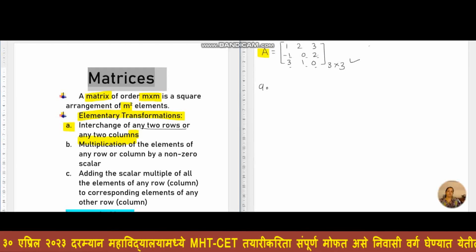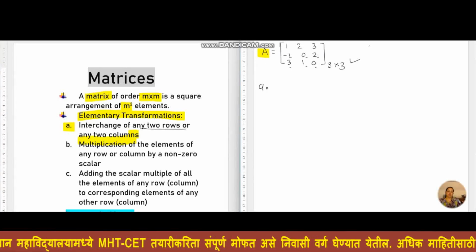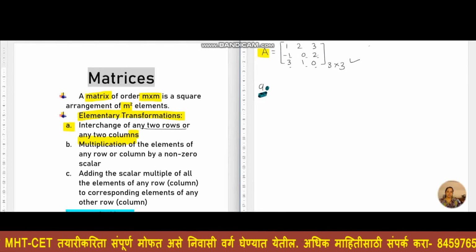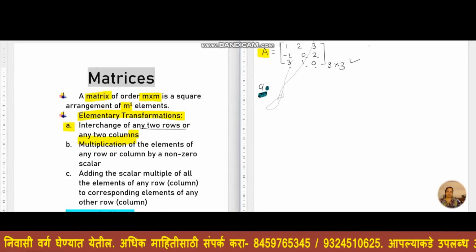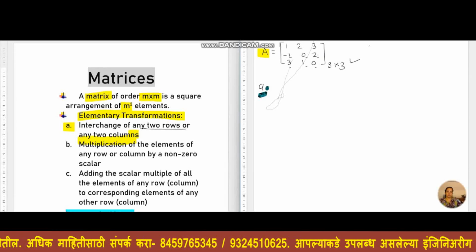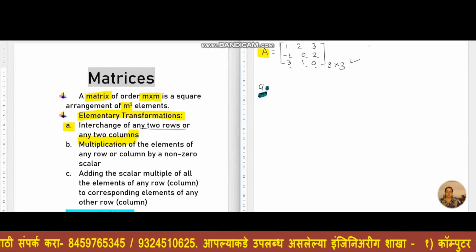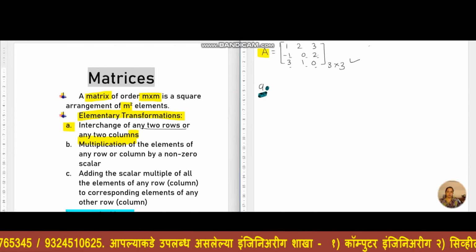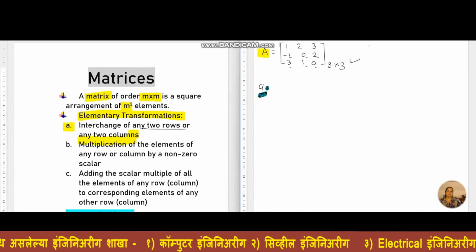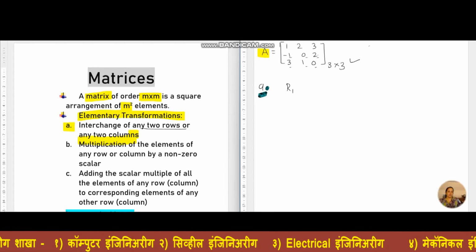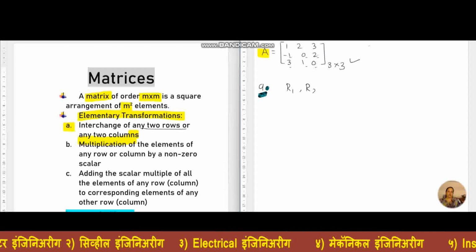For transformation A, see, interchange of any two rows. Suppose we interchange R1 and R2. We denote rows by R1, first row, R2, second row, R3, third row.